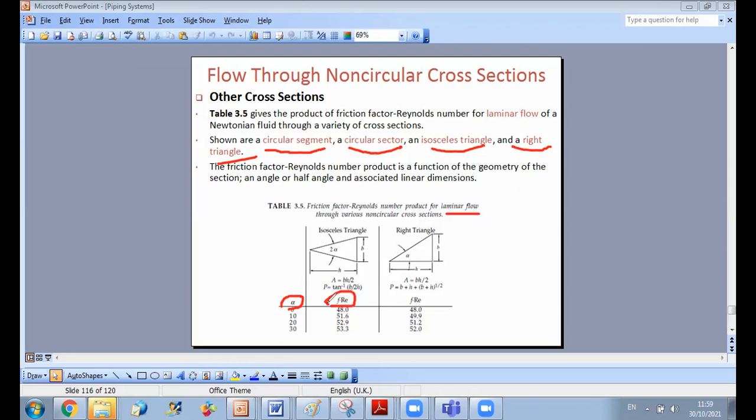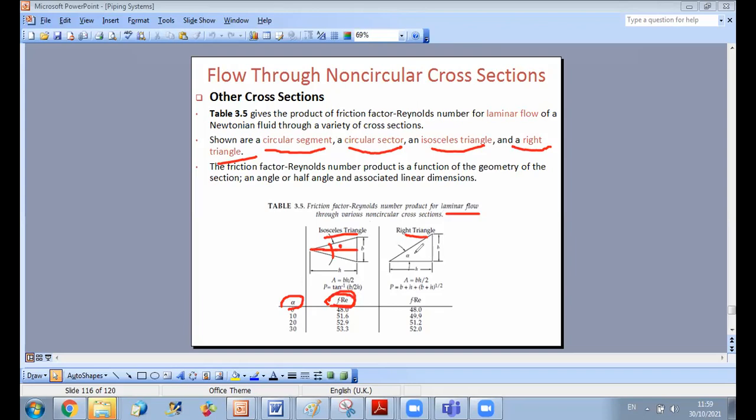Here you can see two types of triangle, isosceles and right. For the isosceles triangle, I just need to take half of this angle. Depending on the value of alpha, I can determine the factor f times Reynolds.